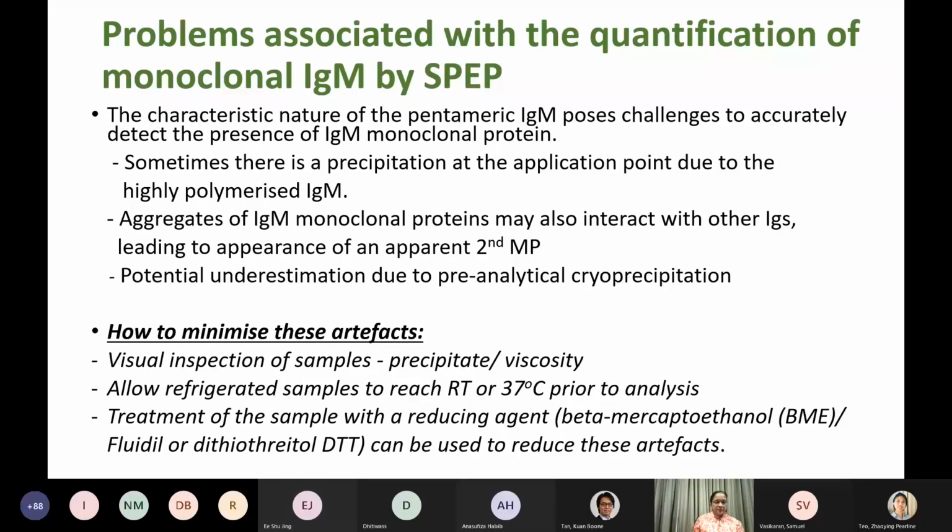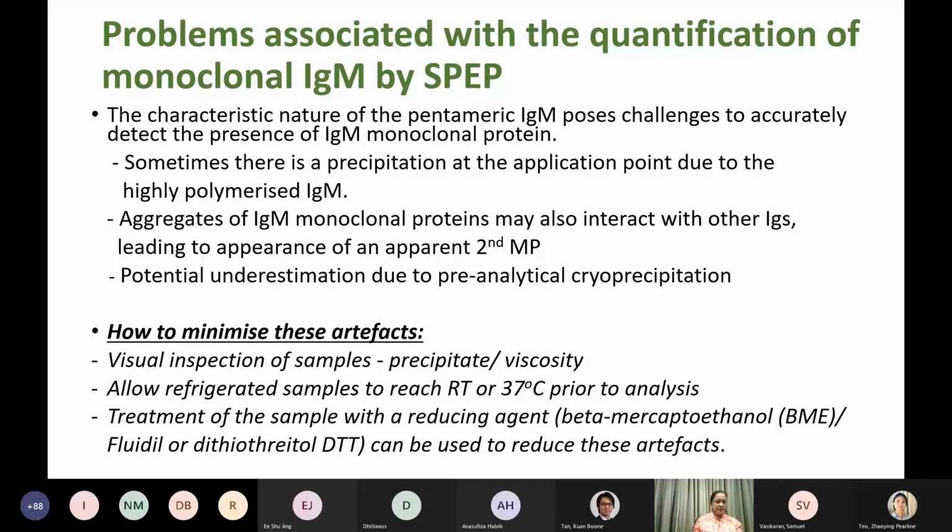What are the problems associated with IgM paraprotein? Sometimes it is hard to detect and quantitate monoclonal IgMs due to the nature of the pentameric IgM molecule. A common problem is precipitation at the application point of the gel due to the highly polymerized IgM, and you can see a band across all 6 lanes.